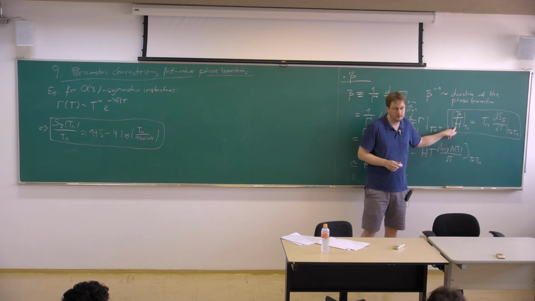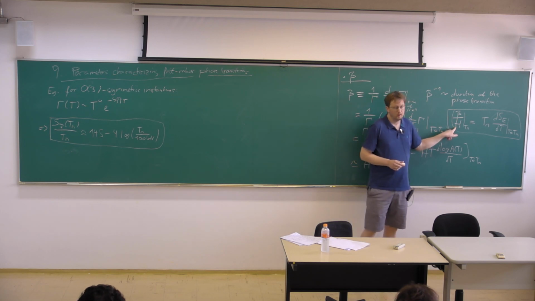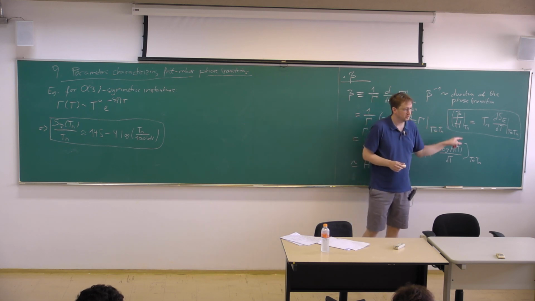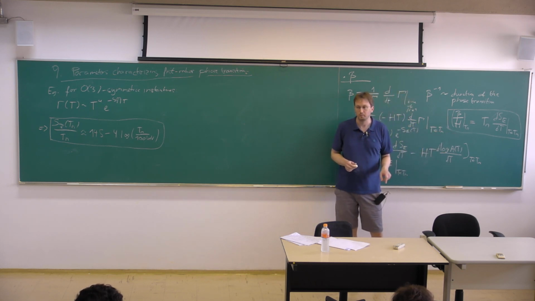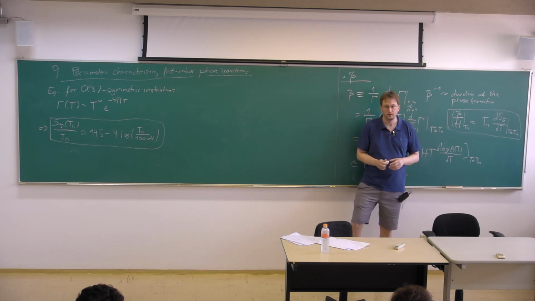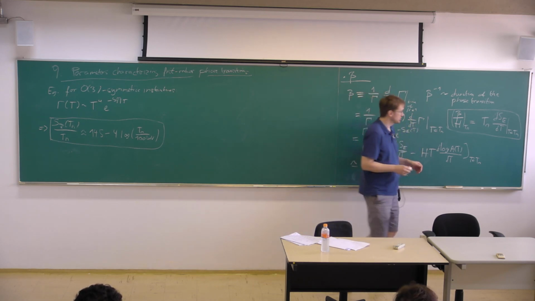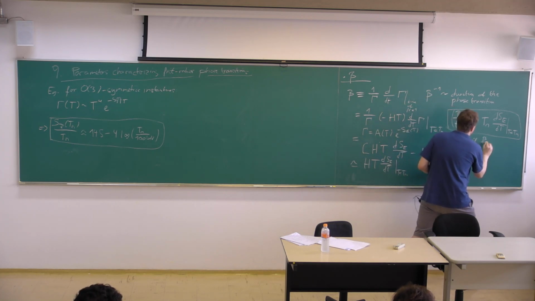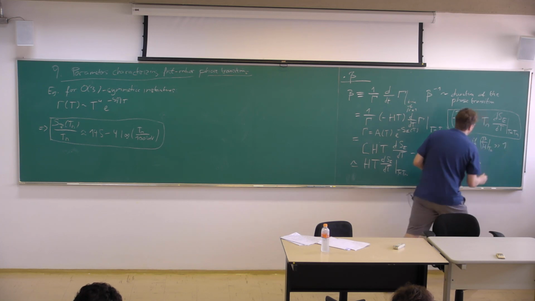Well, at least 10 or even larger. So this tells you that in this situation the phase transition is short compared to the Hubble time. So for the purpose of the phase transition, you can essentially neglect the Hubble expansion. So let's say beta over H at Tn is much larger than 1.